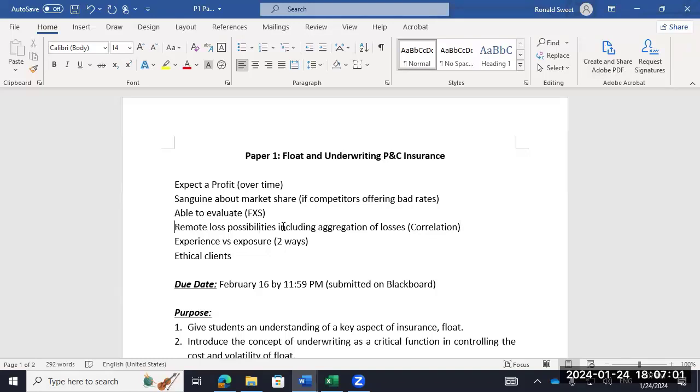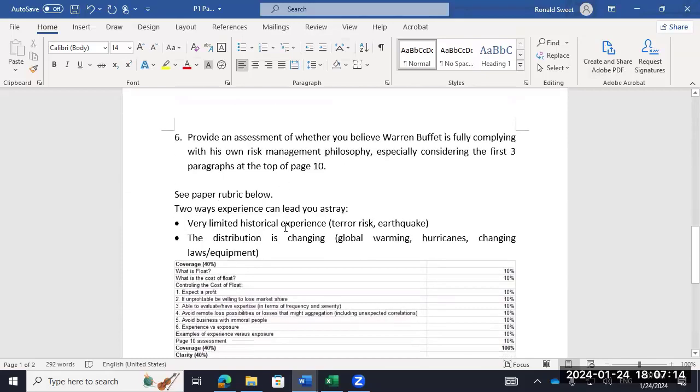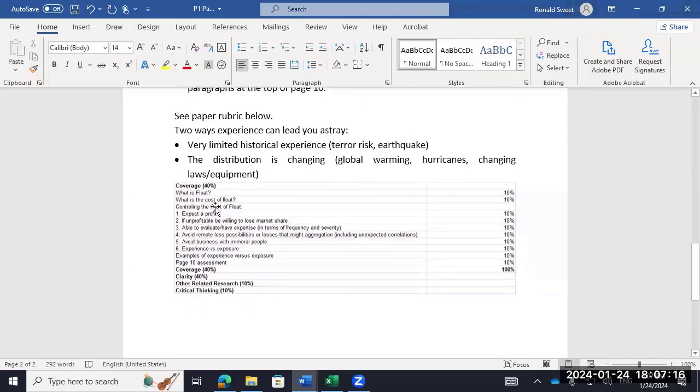Let's have a question. I wrote down, underwrite what you have data for. That's the evaluate. Okay. Ability to evaluate. So you have data on frequency, data on severity. Right. That should be the whole thing. Y'all know the rubric is at the bottom of the page 1 description. So it's in there.